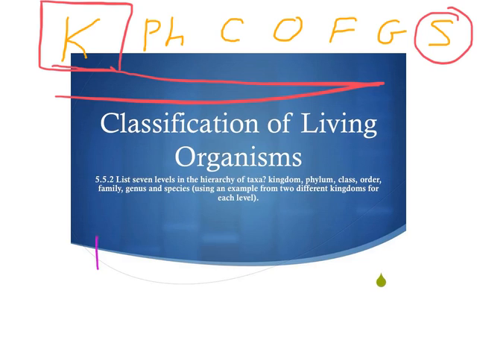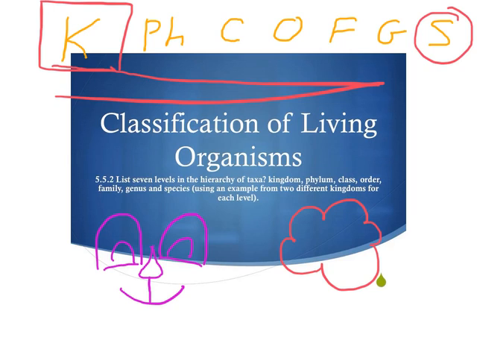The first one we're going to use is bears, and that's in the kingdom Animalia, and so we'll show you how to classify kingdom, phylum, class, order, family, genus, species in the context of bears, and then we will take a look at the same seven-level classification system to classify several different types of plants.